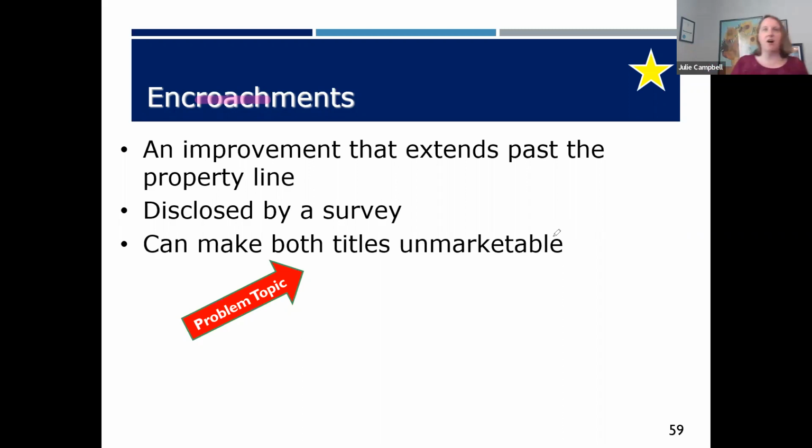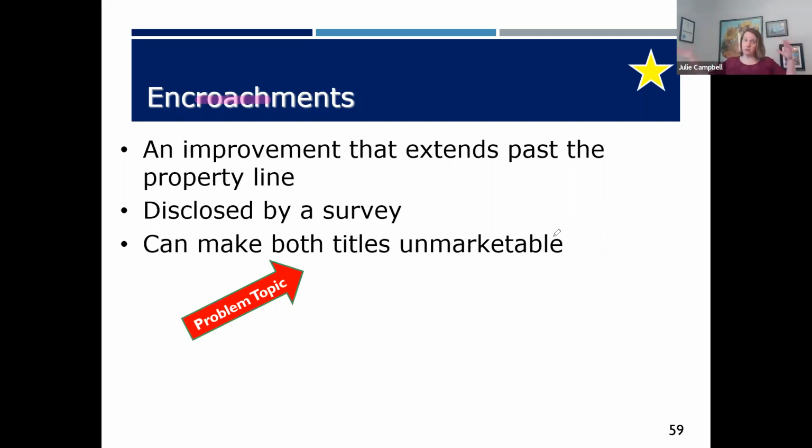Why don't you guys tell us all in the chat what you think the number one encroachment is? What I'm seeing the most of, and I would agree with you completely, is the fence.